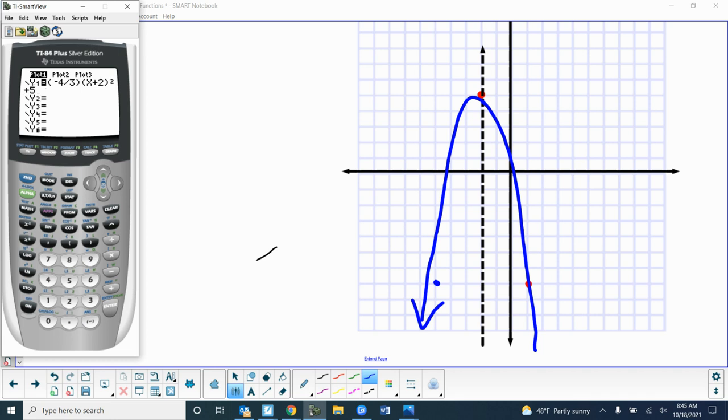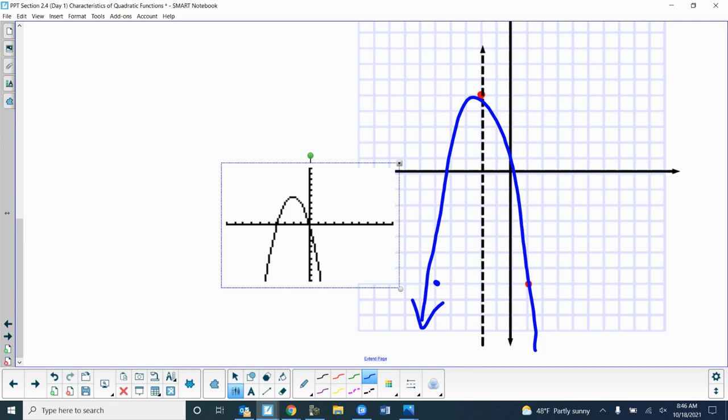That's what we said the answer was, right? Negative 4/3 (x plus 2) squared plus 5, right? Hit enter, hit graph. Does that look like the one we drew? Yeah. Mine's a little bit messier, right?